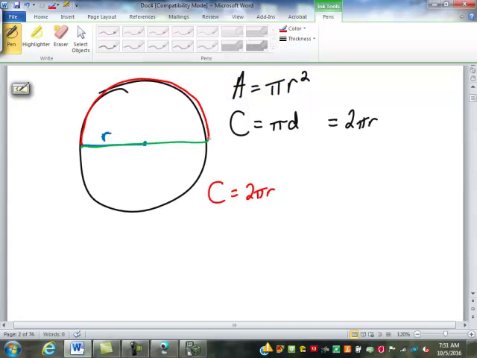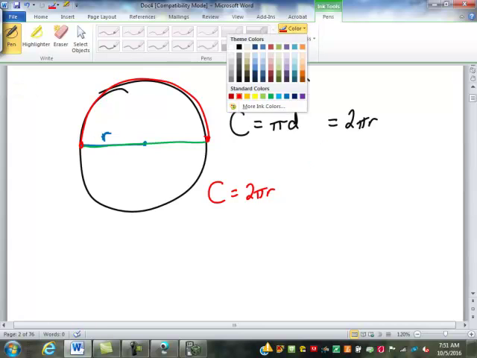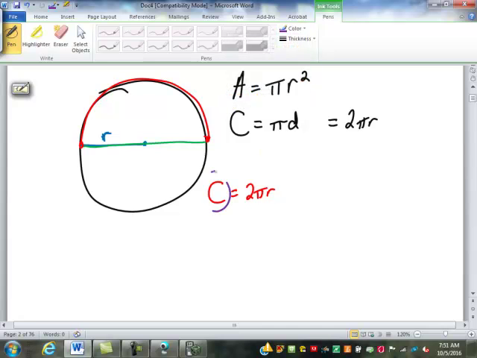How would I find that? Well, I would take the full circumference and I would divide it by 2. What happens when I divide that by 2? It's just pi times r. So this distance around half this circle is just pi times r.